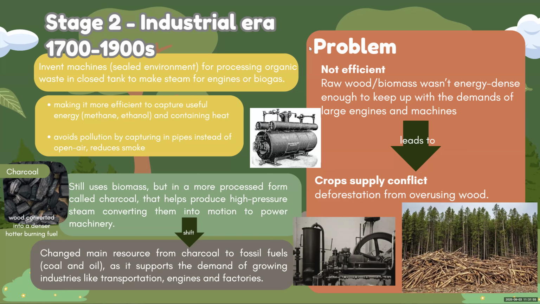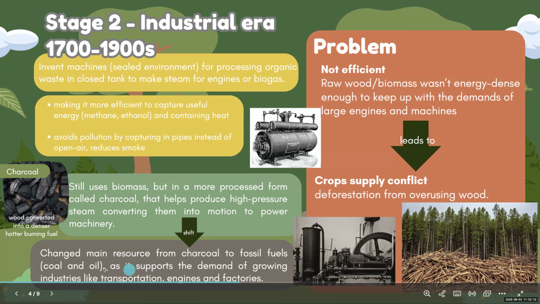But the problem with charcoal is that raw wood charcoal wasn't energy dense enough to keep up with the demands of large engines and machines, so they changed to coal and oil. And because wood is not energy dense enough, there's a crop supply conflict, like deforestation from overusing them.